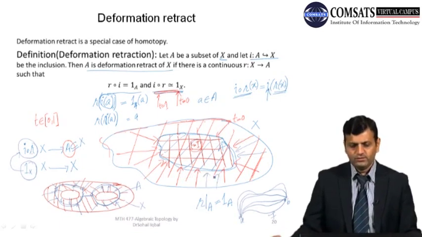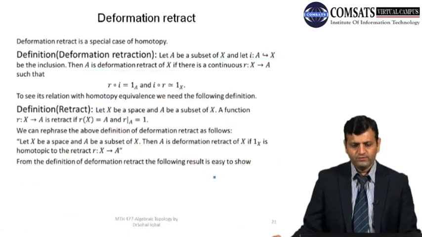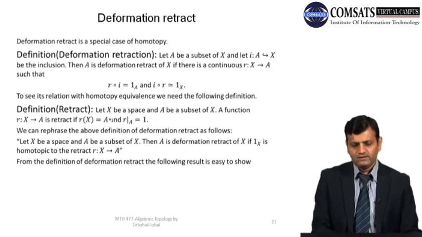To understand more about the relation between homotopy and deformation retract, we need the following definition. X is a space and A is a subset of X. A function R from X to A is a retract if R of X is equal to A and R restricted to A is the identity.